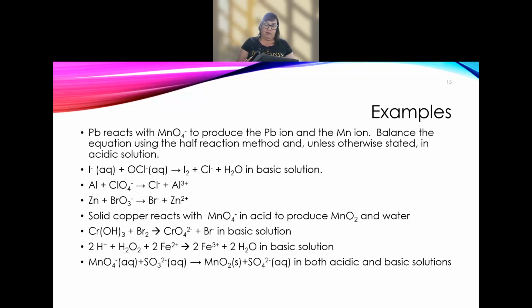And when we balanced this, we saw that we gained electrons, reduced, on the Mn, so that's the one that was reduced, and I lost electrons on the carbon, so that's oxidized.